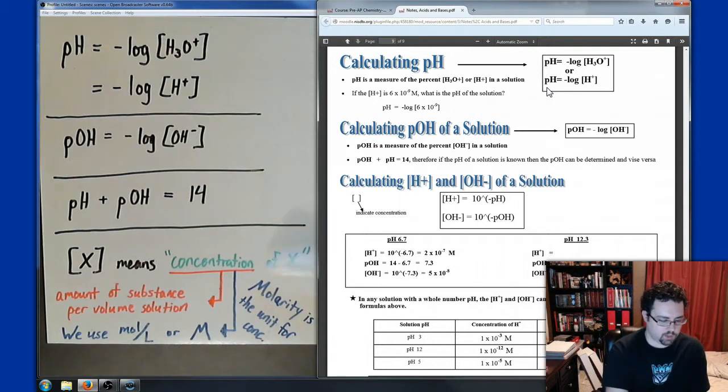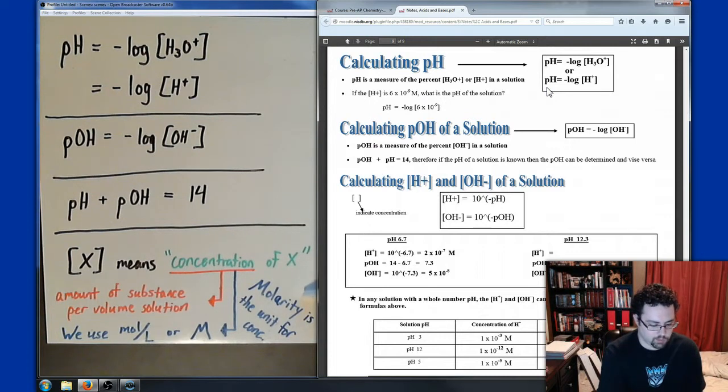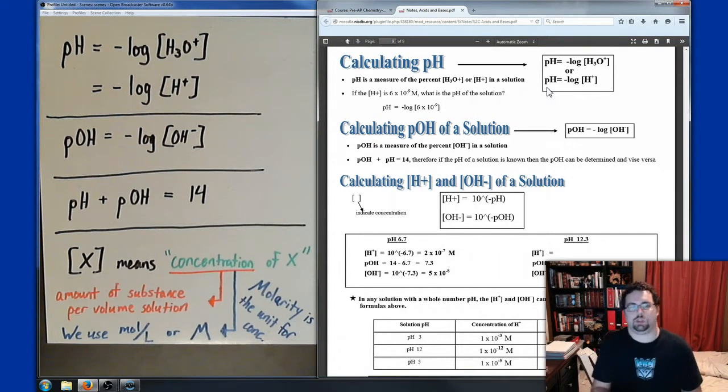Okay, remember, a concentration is the amount of substance per volume of solution. So we use molarity, or moles per liter, for our concentrations in chemistry. All right, so molarity is the unit for concentration. So whenever you say what's the concentration of the hydronium ion, that's talking about what is the molarity of the hydronium ion in the solution.